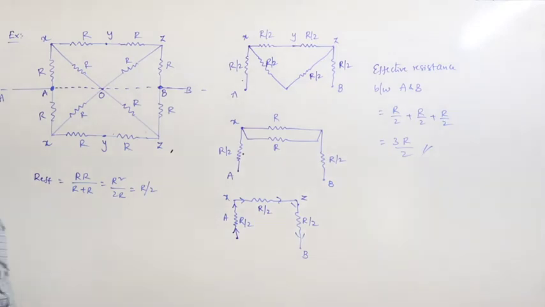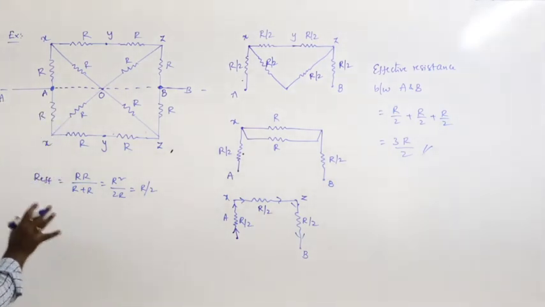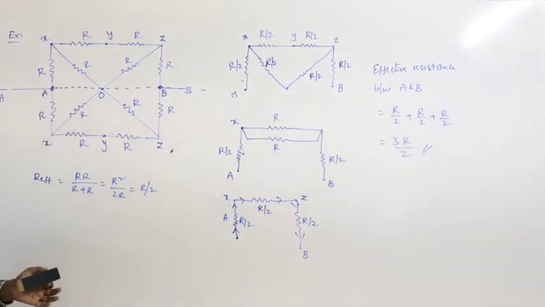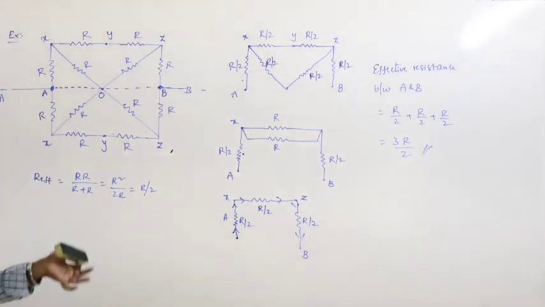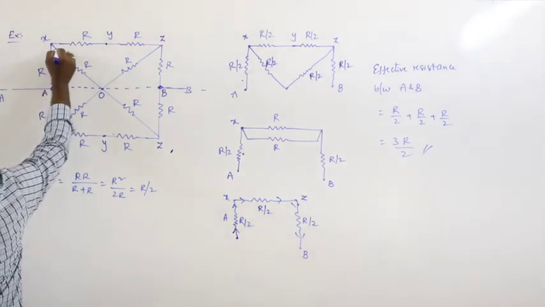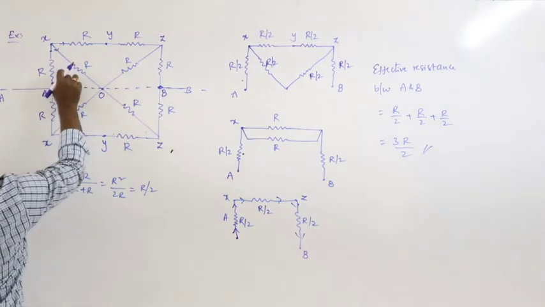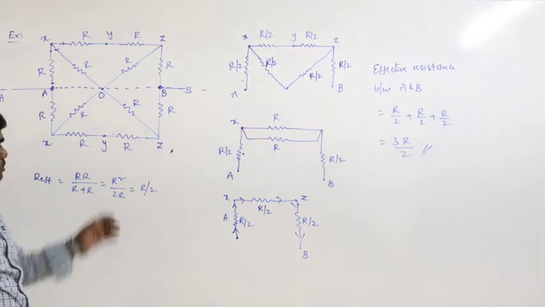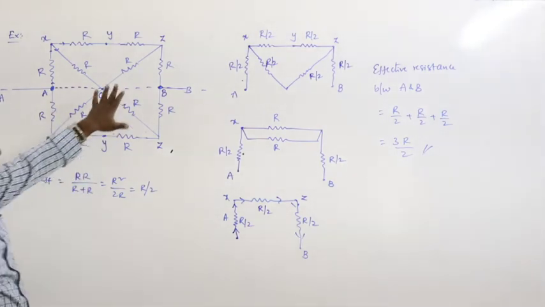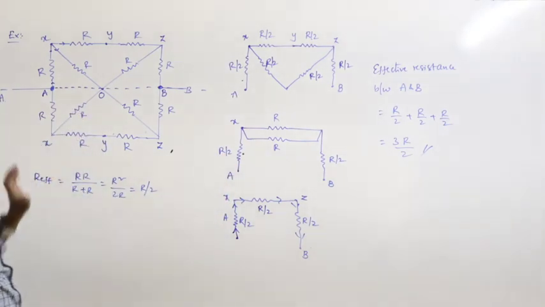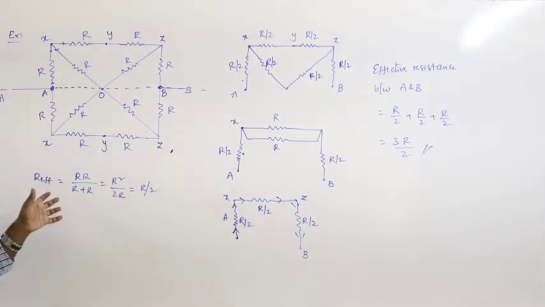So that is the simplified circuit. For example, without using the symmetry, if you want to start the problem using a generalized method, the current passing like this divides, and these two branches are in parallel, where? That is somewhat confusing. That's why by using the symmetry rule, we can calculate it very easily. So this is the way to calculate the mixed circuit by using the symmetry rule.